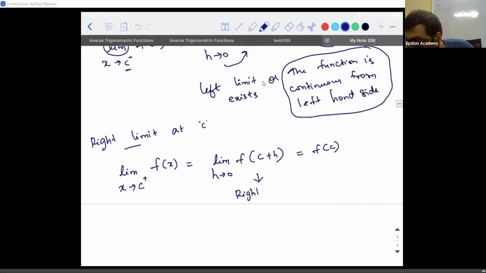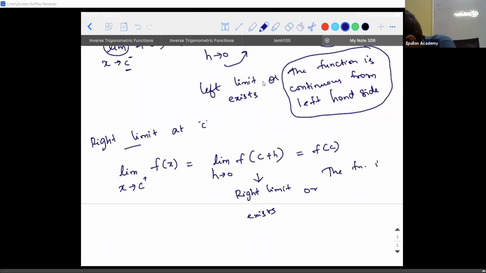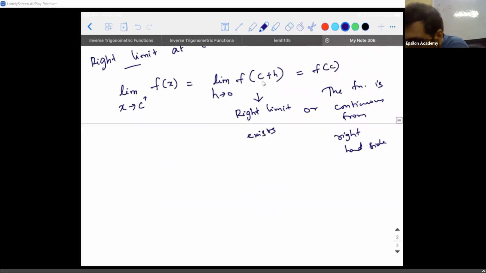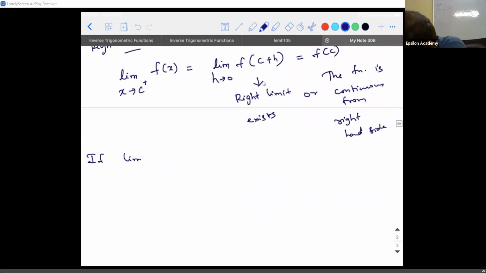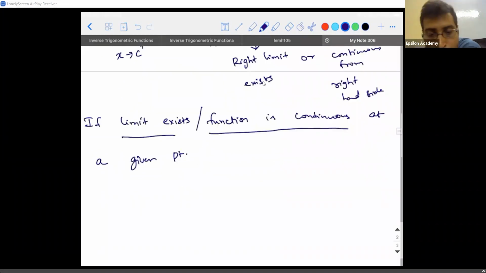Then I can say the right limit exists, or what can I say? The function is continuous from the right side. Very good, continuous from the right hand side. So overall, if I need to prove that the limit exists or a function is continuous at a given point, then what is my job to prove?